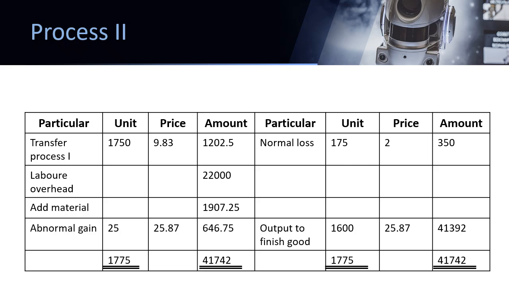And output to finished goods shows 1600 units and its price 25.87. Its amount is 41,392. It shows total unit is 1775 and its total amount shows 41,742.